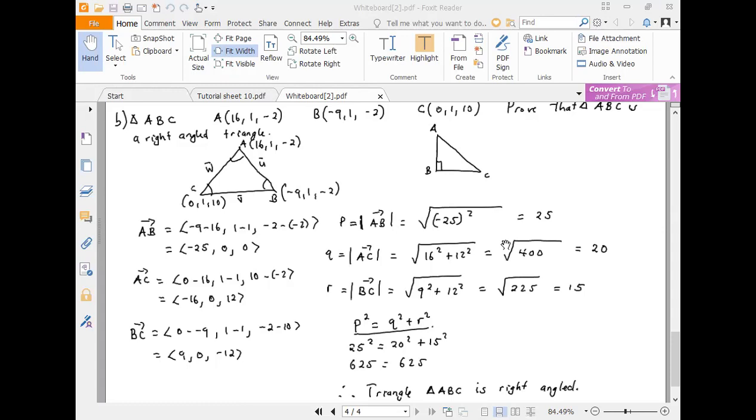Okay, so we have the sides BC. BC is 15, AB is 25. No. So it's supposed to be the other way. Yeah, it's supposed to be the other way. The longest side.